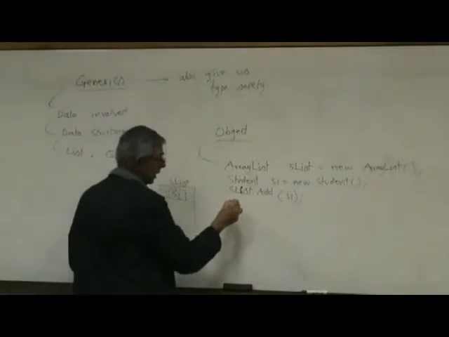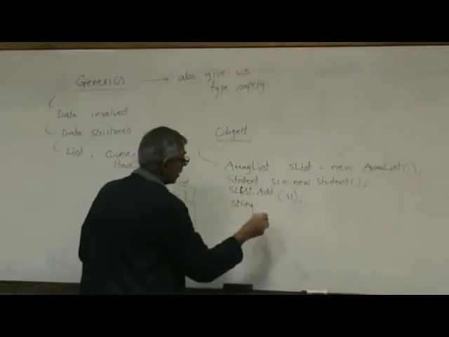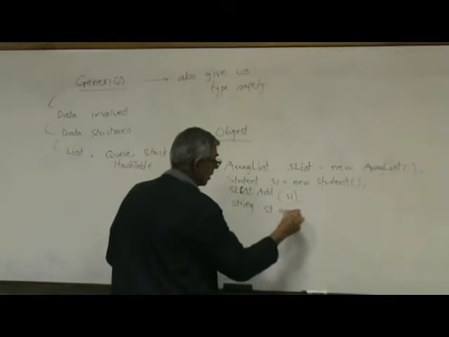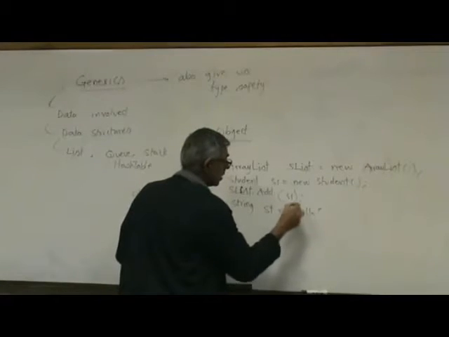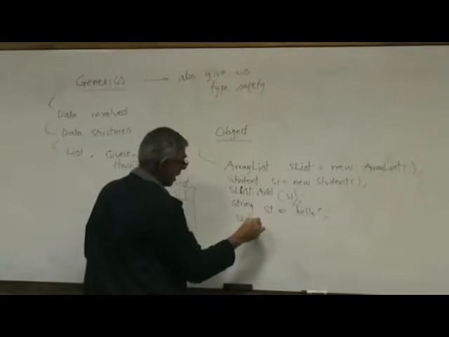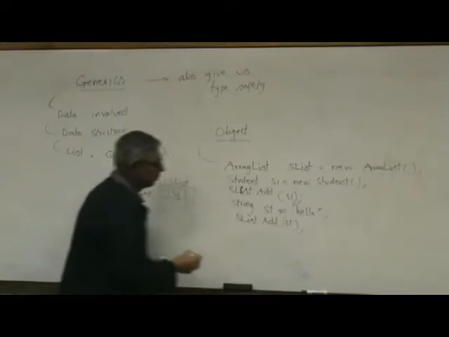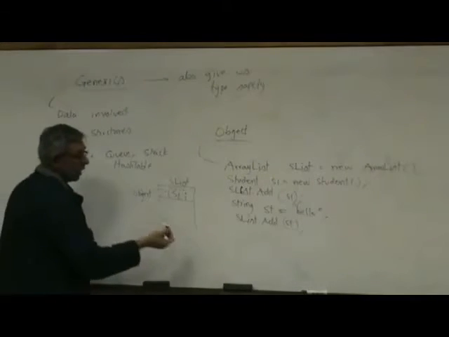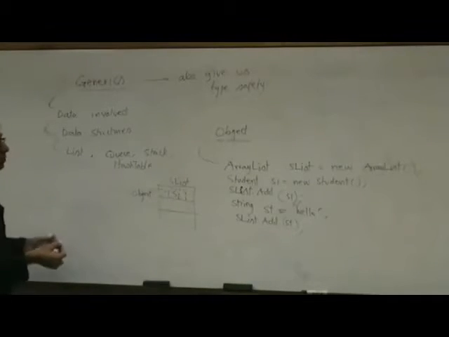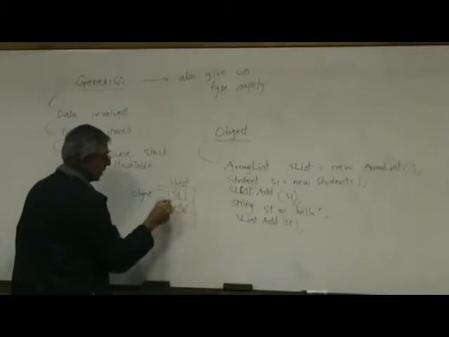What if I did a string, let's say st equal to hello. Can I also do sList.add(st)? Will this work? Yes. So remember, ArrayList is totally flexible. We can add a student, we can add a string.